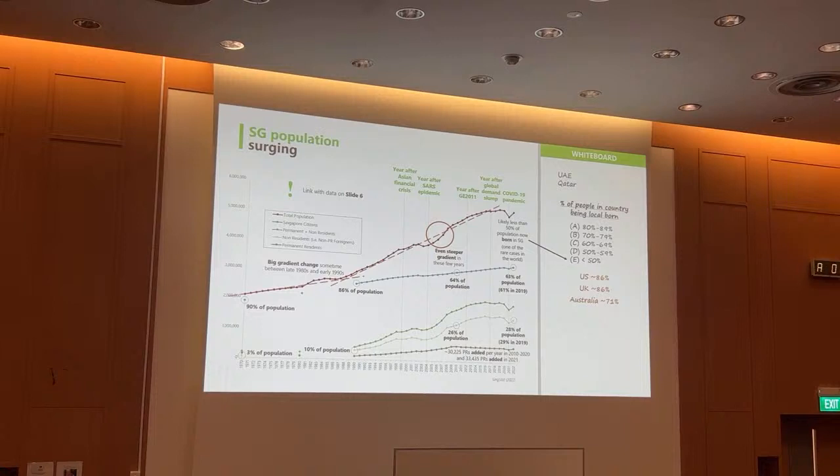So when we average out the numbers, these would be the figures. If you tell me that the global cities like New York or London have lower percentages, I will believe you because global cities will have much more foreigners.